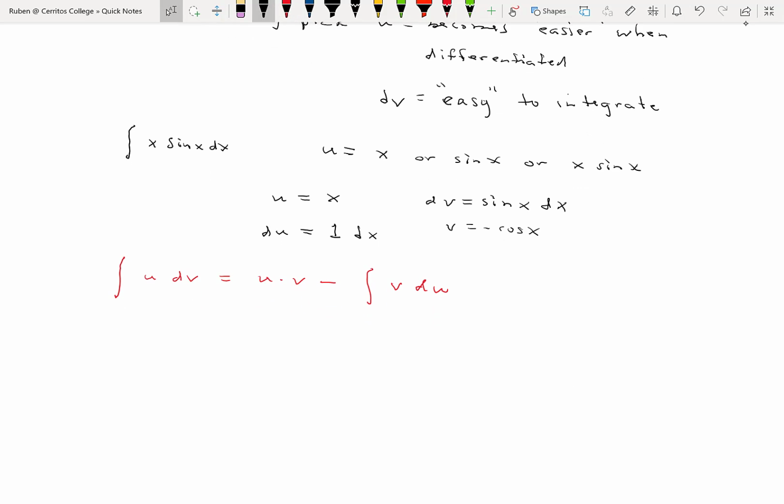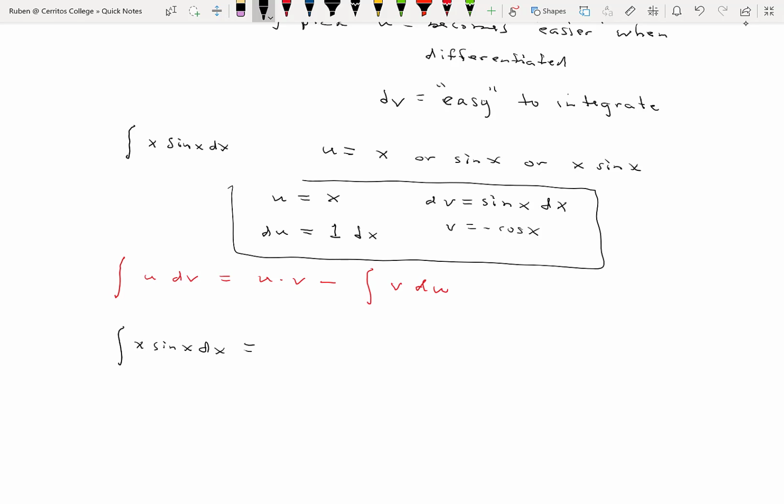Okay, so let's do this. What we're integrating is x sine x dx, so that's the u dv, and that becomes u times v. We'll look above at our little squared off area there. We have u, du, v and dv.